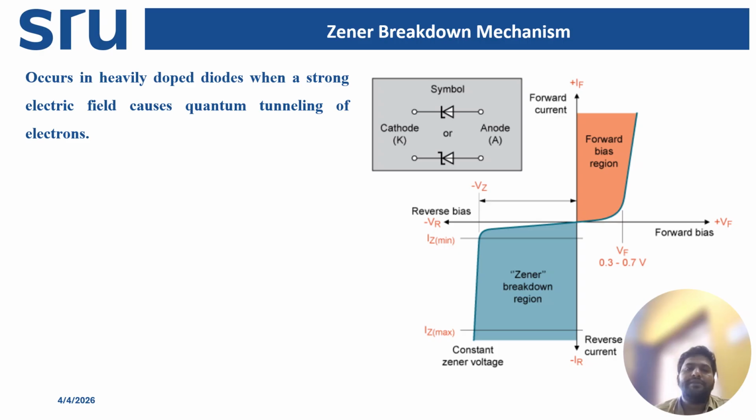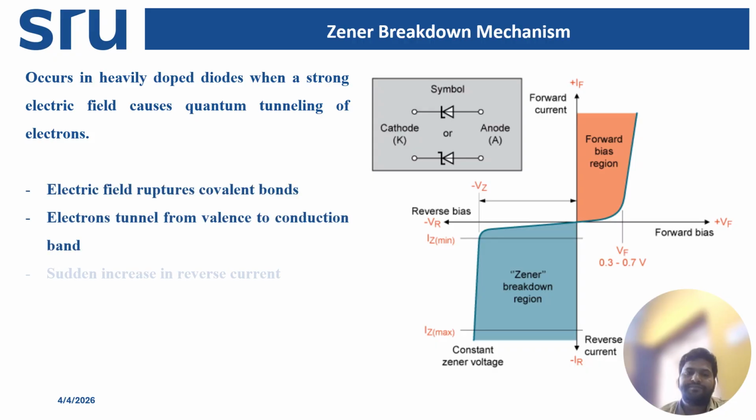What are the applications of Zener breakdown? The Zener diode is used as a voltage regulator, voltage reference circuit, and overvoltage protection circuit. Zener diodes are especially designed to operate safely in the breakdown region.